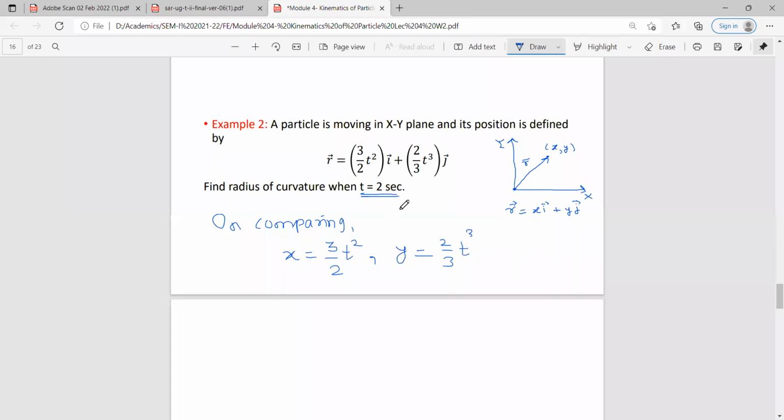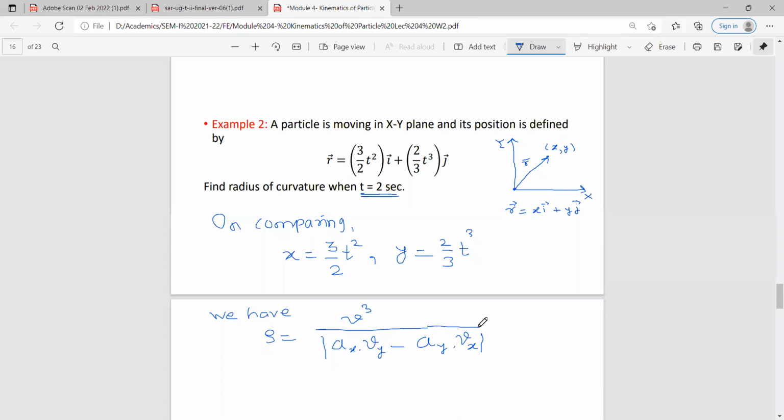So we will be using the second formula of the radius of curvature, which is equal to v cube divided by the product of the x component of acceleration with the velocity component in y direction minus the acceleration component in y direction with the velocity component in x direction.